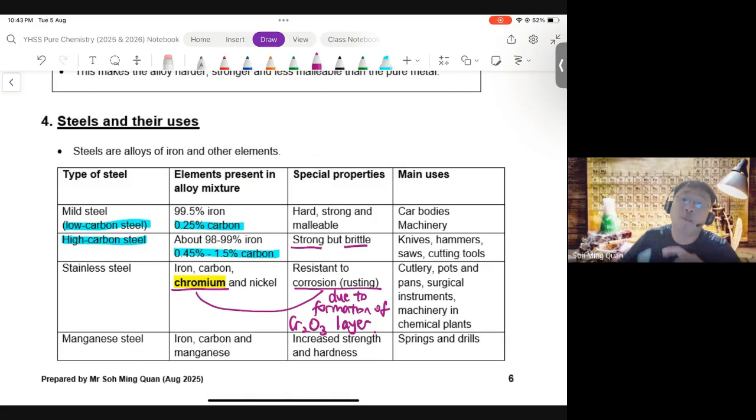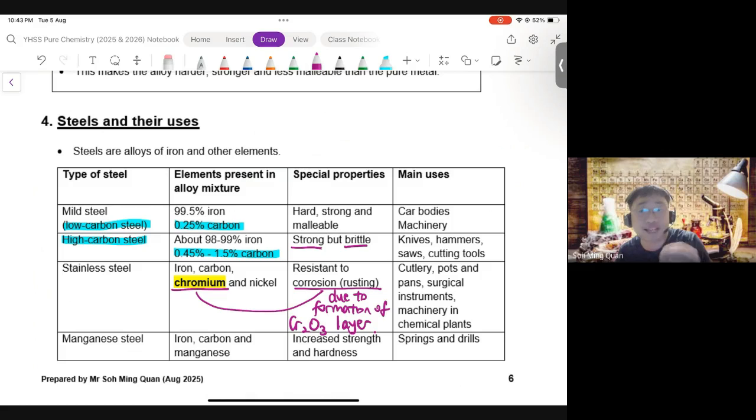That means it will break easily if a force is applied to twist it. So, for example, knives are made of high carbon steel because it's very strong. It can withstand heavy weight and forces acting on it. But if you use a force to twist it, it will immediately snap very easily.